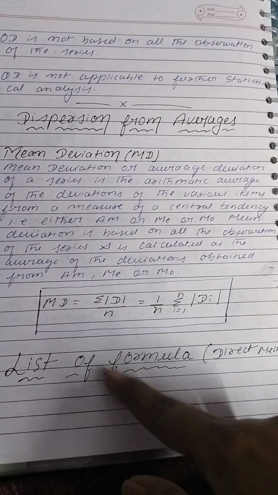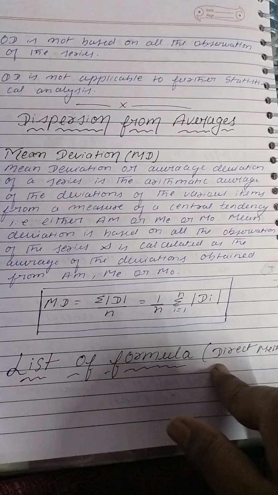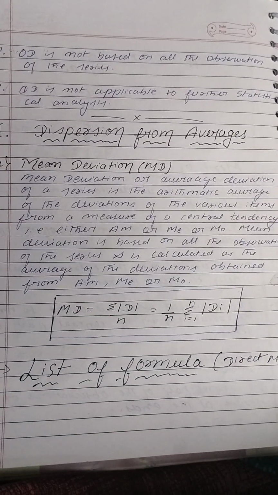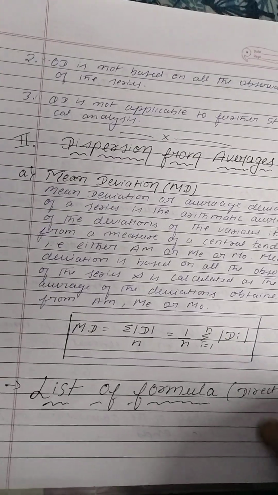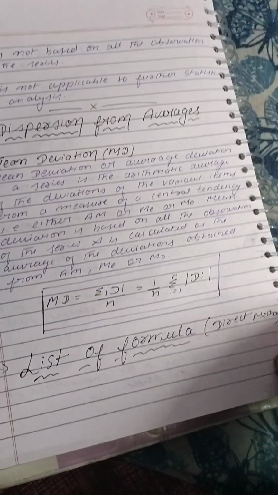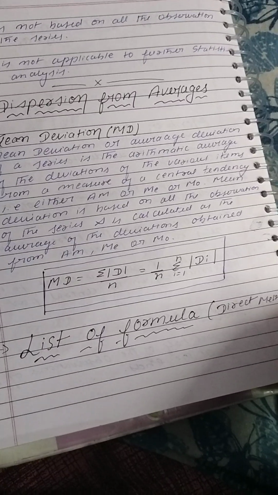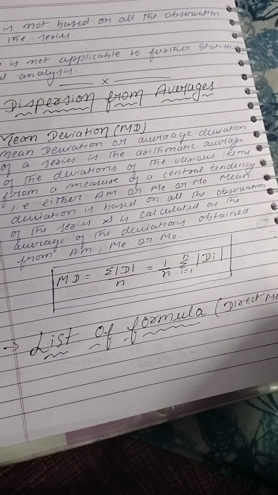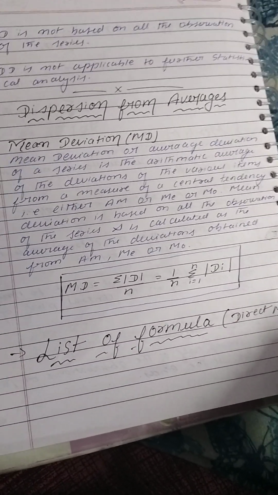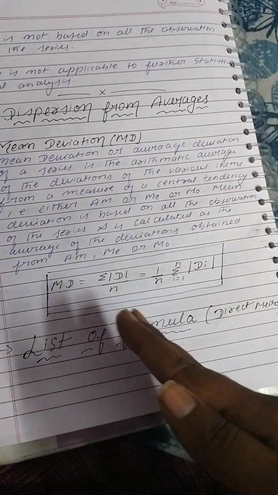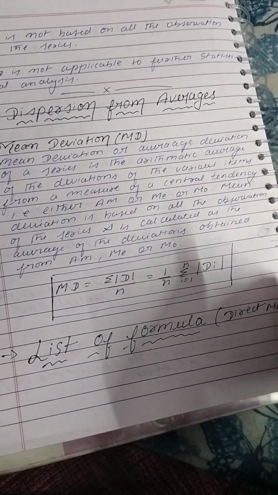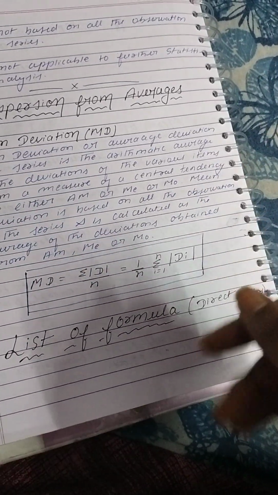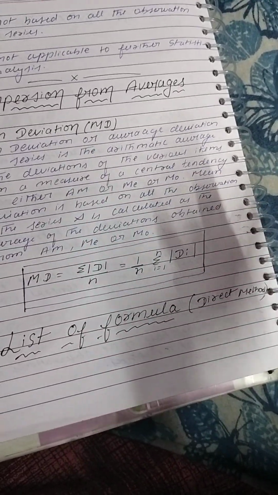In other topics, like the arithmetic mean, there are many methods to calculate the average or deviations: the direct method, the assumed mean method, the actual mean method, and step deviations.